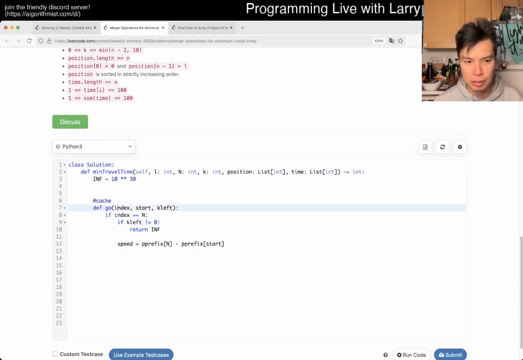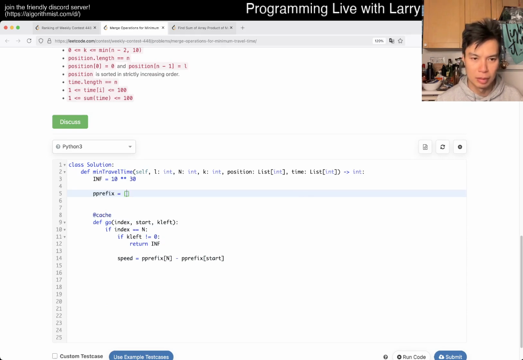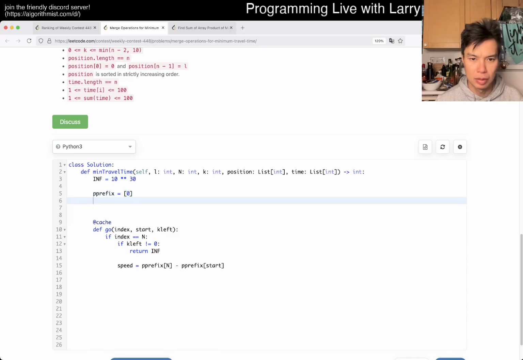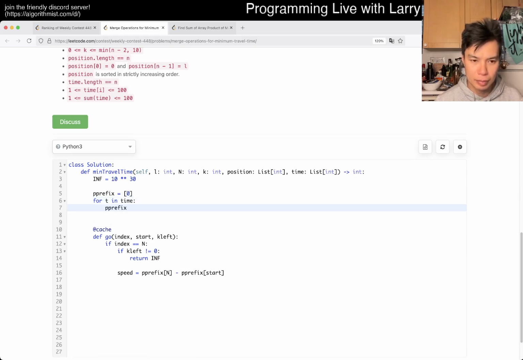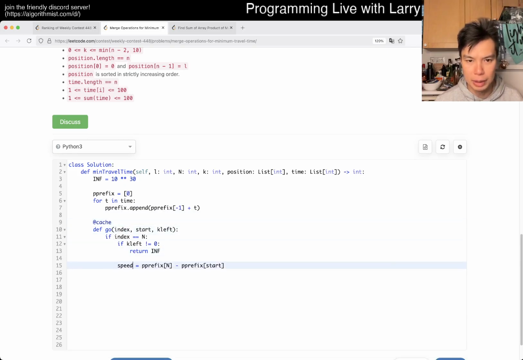Okay, prefix we'll just set up for t and, no, that's fine. Time. Right. And so this is the speed.